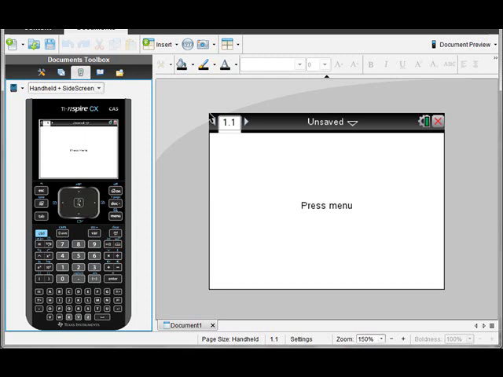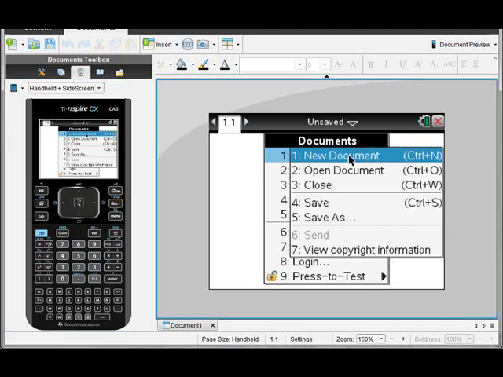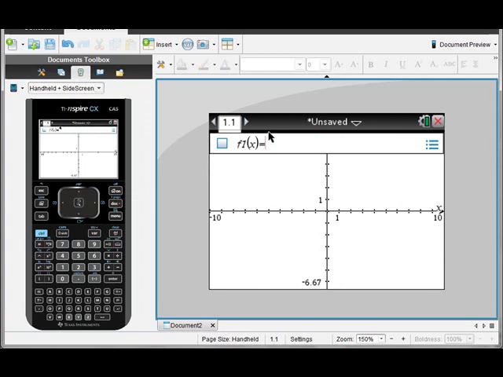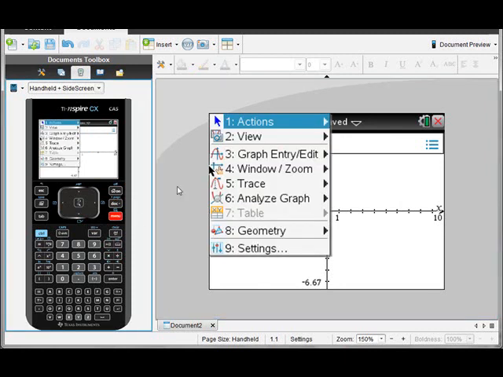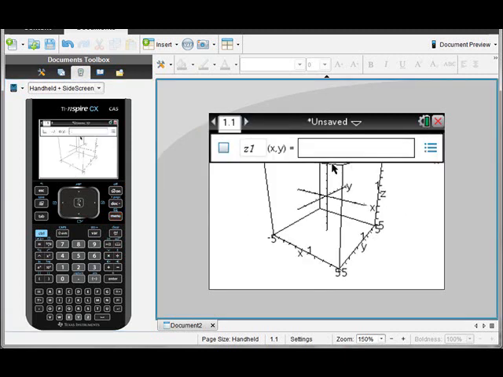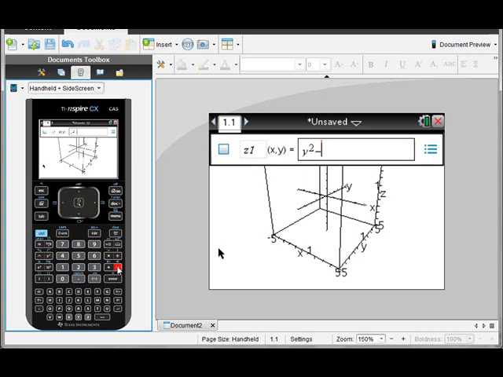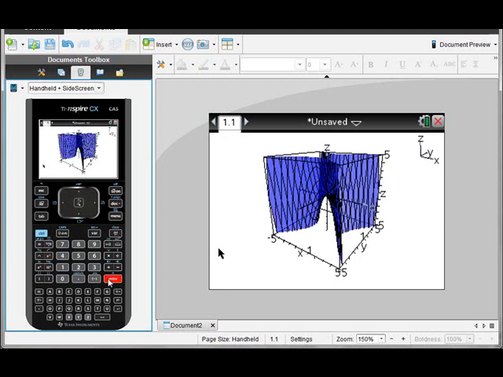You want to insert graphs, go to menu, and I think you want to go into view, 3D graphing. Then enter y squared minus x squared.